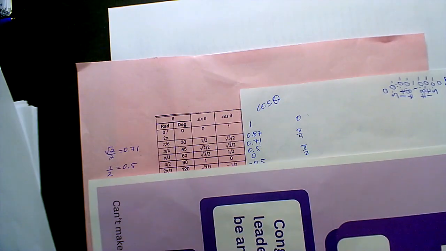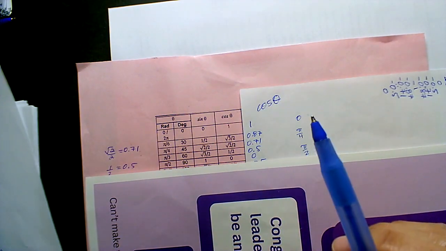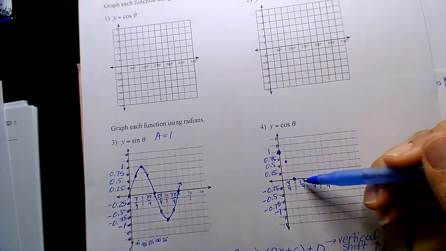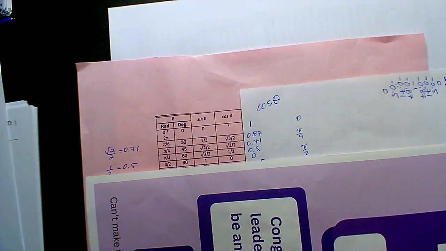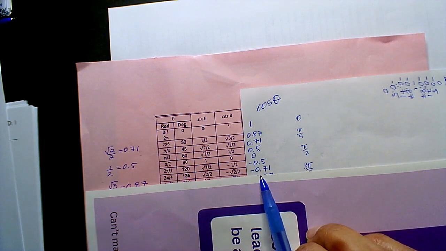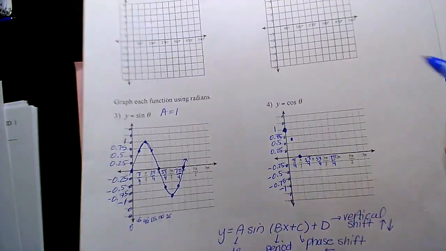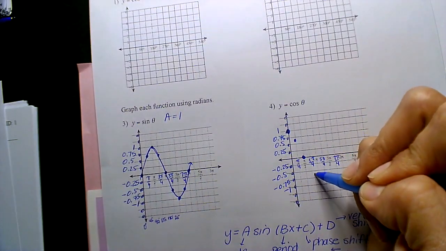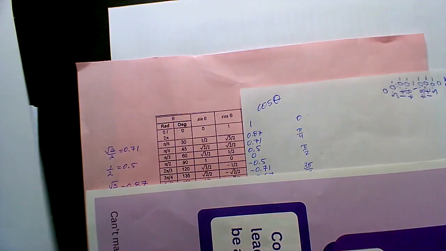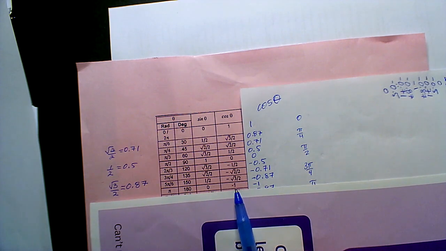And so pi over 2, cosine is at 0, right? Okay, 3 pi over 4. It's at negative 0.71, right? 3 pi over 4 here. And then pi is at negative 1, so that's our minimum.